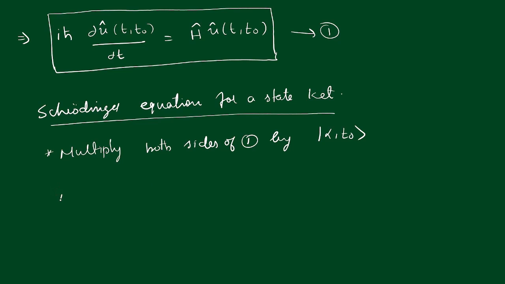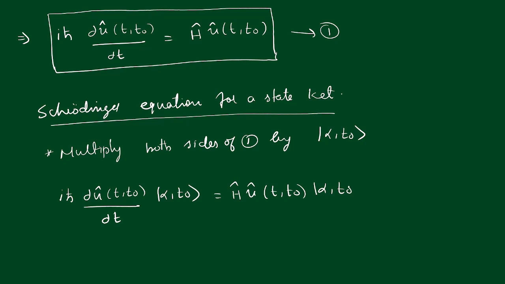So this becomes, this is equal to H U alpha comma t0.